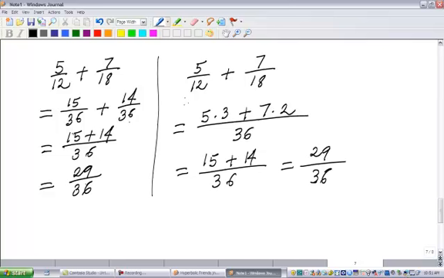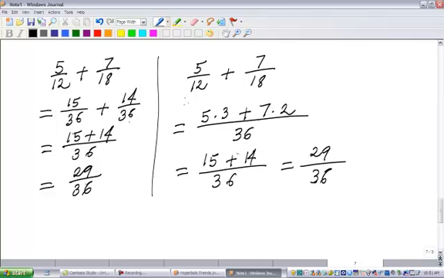The second way I'm saying is the same as the first, but it's just writing it differently. I know my LCD, the least common denominator, was 36. So I pick 36 here. And then I make this slash here for the division. Now I multiply 5 here by what number? I divide 36 by 12.